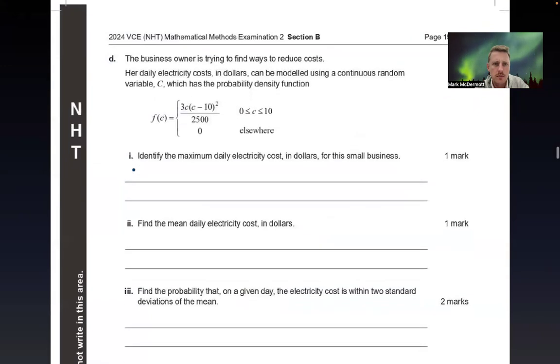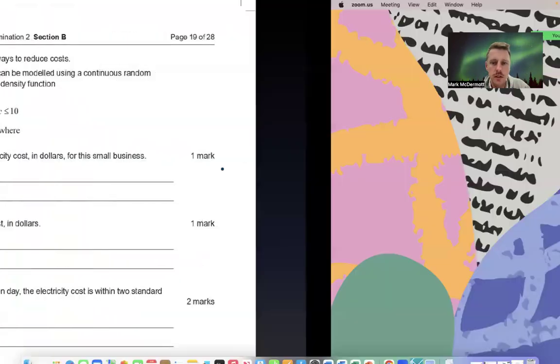The business owner is trying to find ways to reduce costs. So daily electricity cost in dollars can be modeled using a continuous random variable C, which has the probability density function. Identify the maximum daily electricity cost in dollars for this business. Okay, so let's define it.